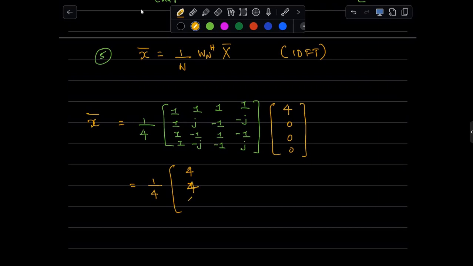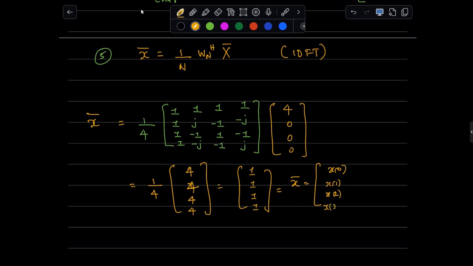Again you will get 4, and again 4. So the answer is 1 1 1 1. This is nothing but our signal x. So what is our signal x? It is x of 0, x of 1, x of 2 and x of 3, the same as our question.